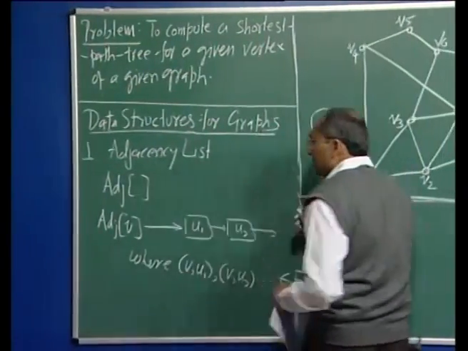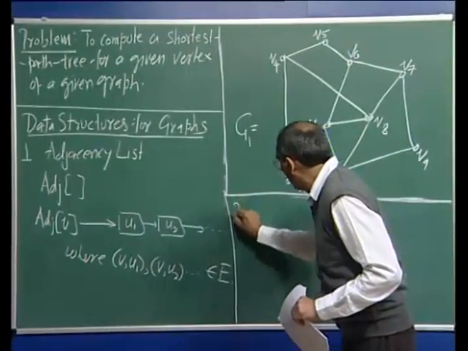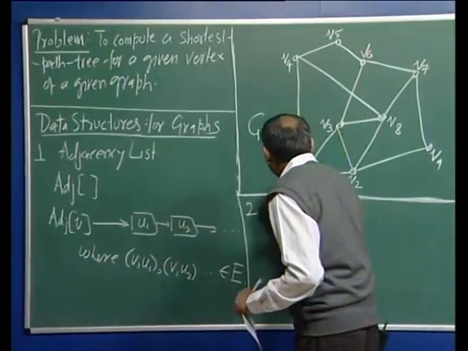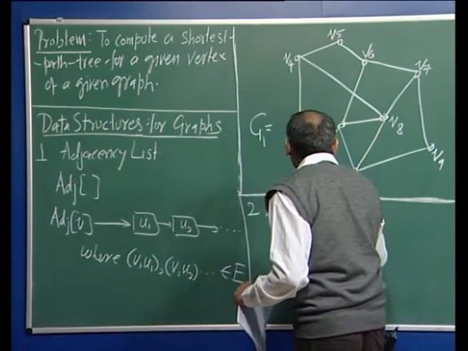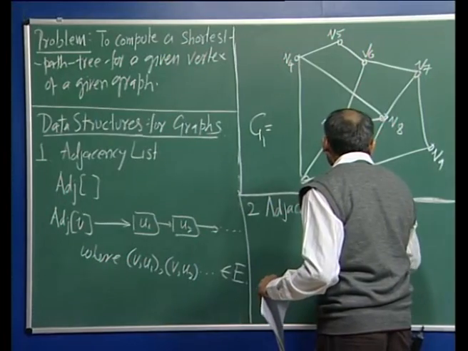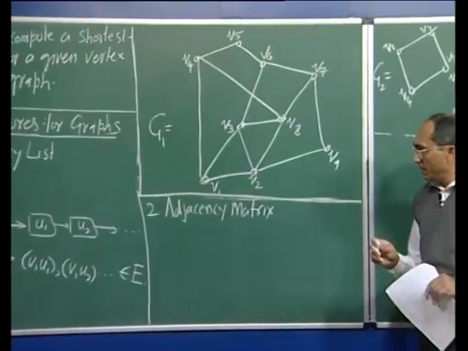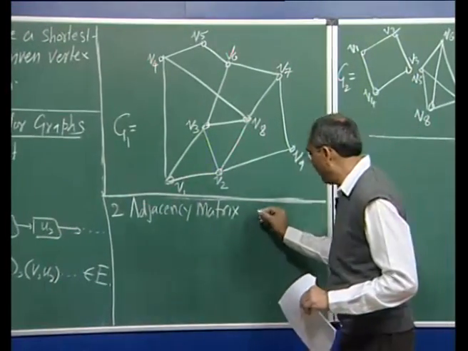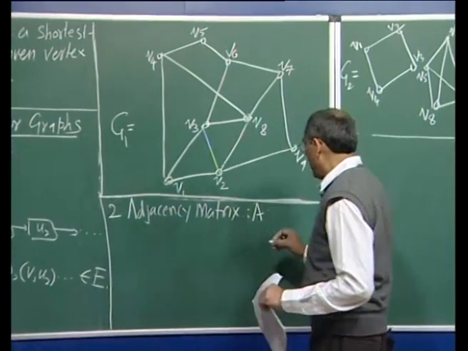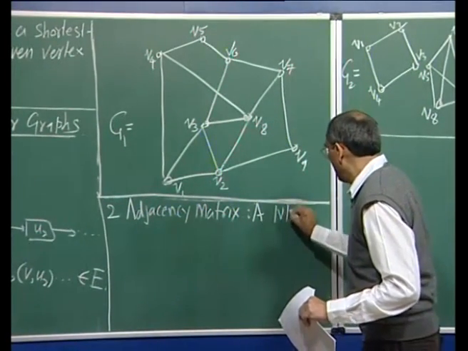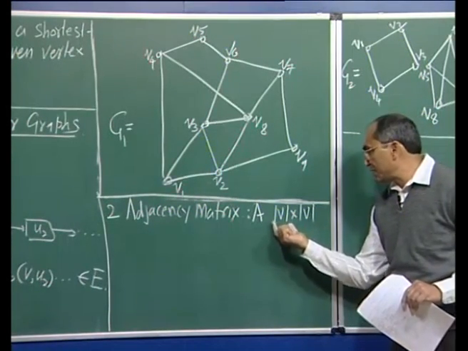The second data structure we may use is called adjacency matrix. This is a matrix, say A, of size number of vertices times number of vertices.